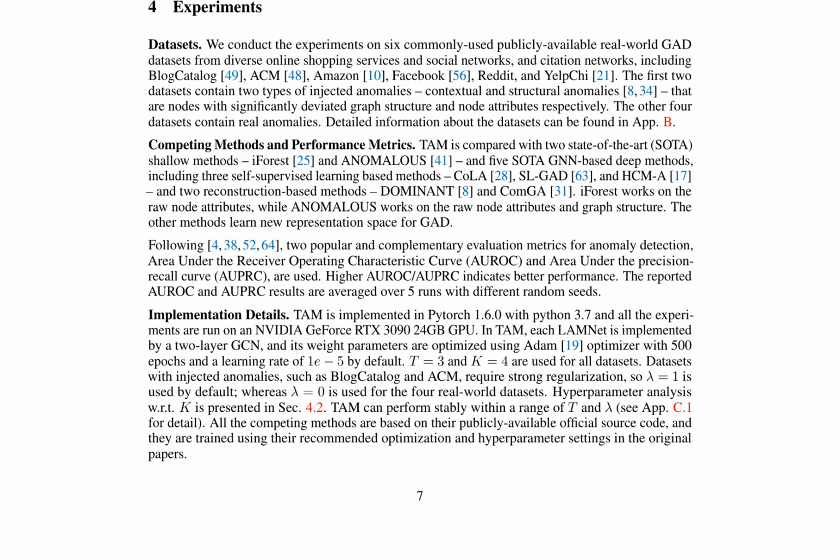The implementation details of TAM are provided, including the use of PyTorch for model implementation, hyperparameter settings, and the stability of the model under various configurations of T and lambda. Overall, this paper provides a detailed description of the TAM model, its components, and its performance in graph anomaly detection tasks.